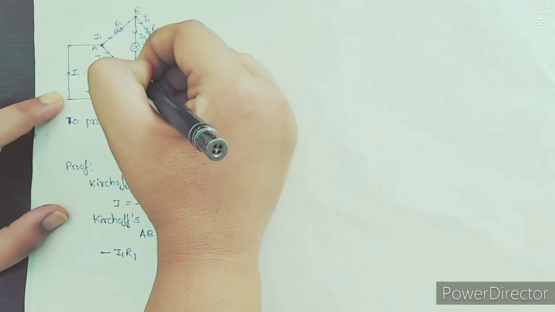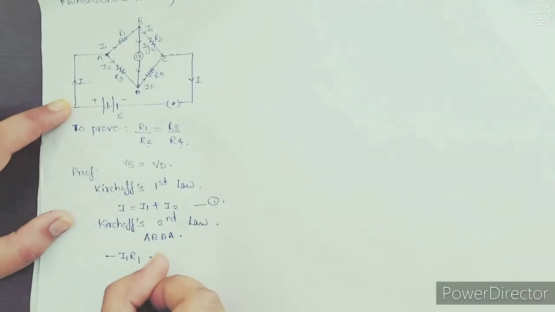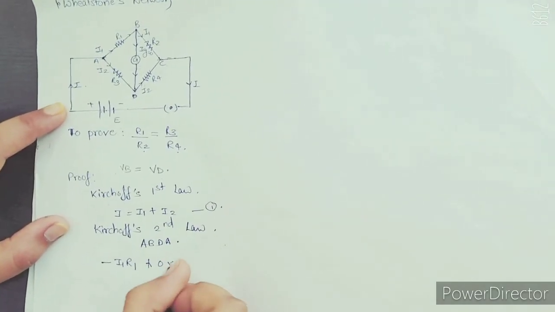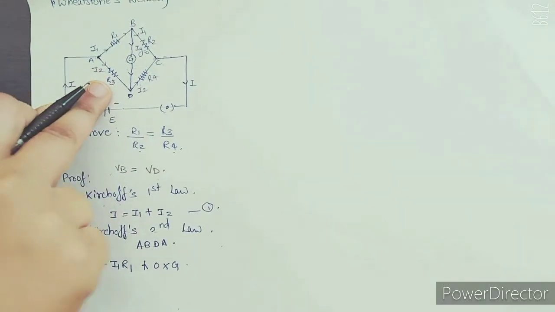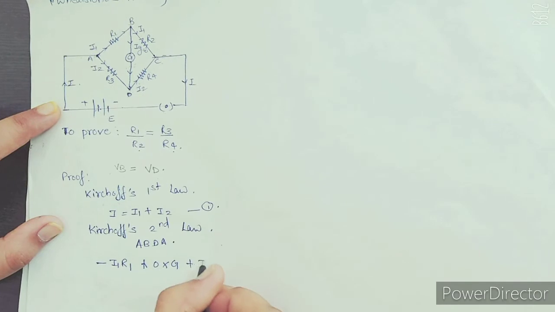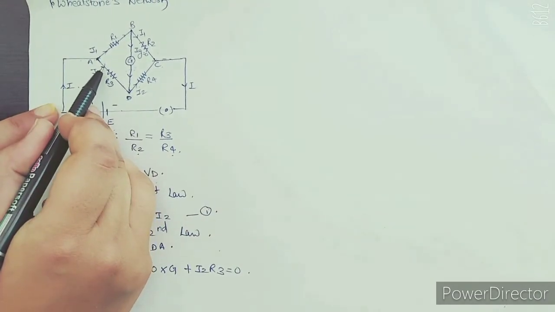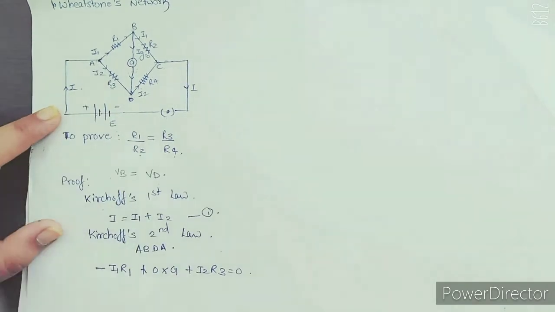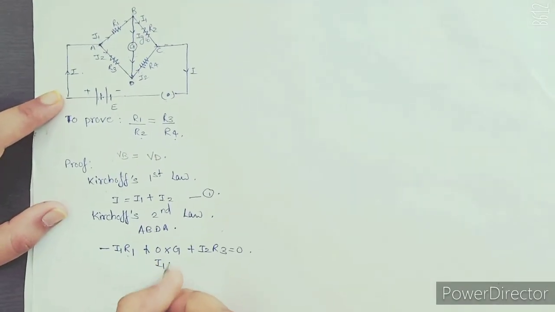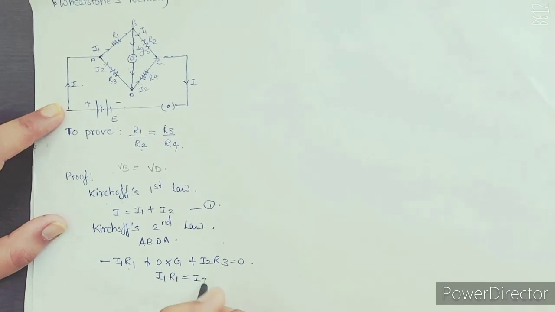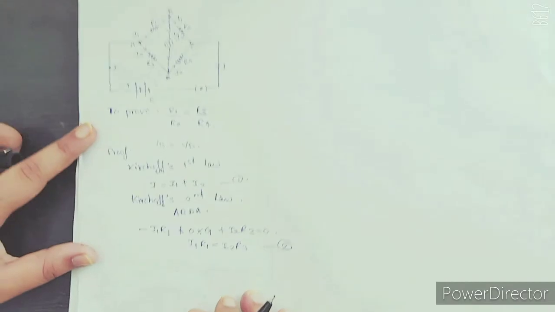Then moving on to the galvanometer, it would be plus 0 into G. Then moving on to resistor R3, we get plus I2 R3 is equal to 0, as the direction of flow of current and direction of traversing are opposite. Now if we simplify it further, we get I1 R1 is equal to I2 R3. This I number as the second expression.